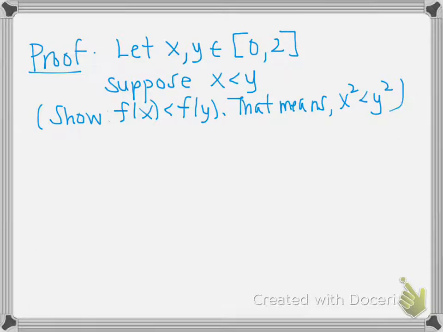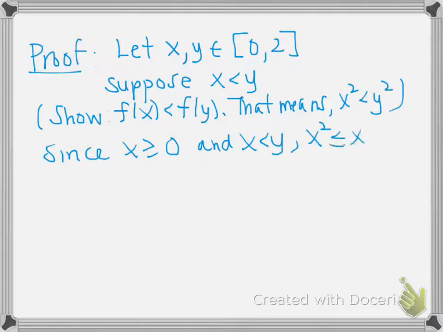Well, since x is greater than or equal to 0 and x is less than y, then we can say x squared is less than or equal to x times y. So we just multiply both sides by x of this inequality, but since x could technically be 0, we have to make it less than or equal to x times y, just in case x is 0.